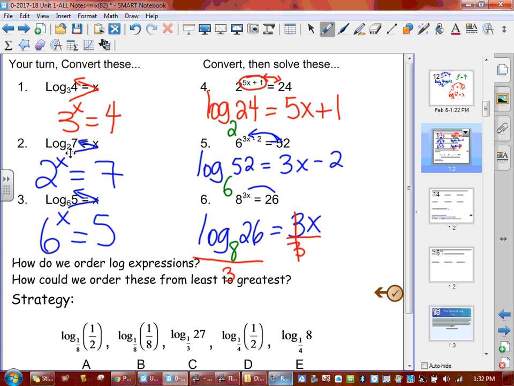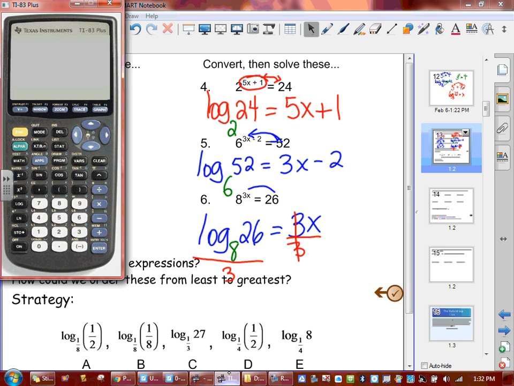So I would type in log 26, close my bracket, divide by log 8, close my bracket, enter. Then I would divide by 3, enter. So you should get 0.52. Okay? Make sure you get that. 0.52.